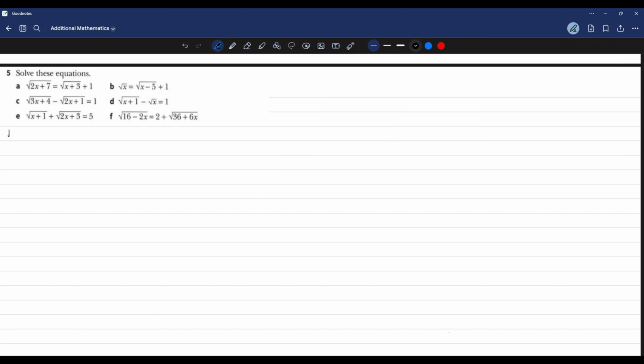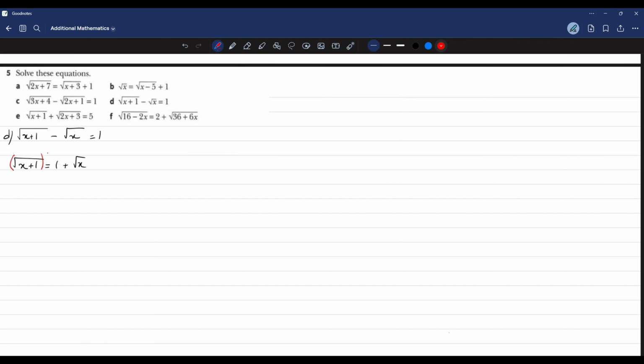Okay, for part D, we have under root of x plus 1 minus under root of x is equal to 1. Again, simplify this pretty quick. We've been doing this type of question like 3 times now. x plus 1 is equal to 1 plus under root of x. Again, we simply square on both sides.